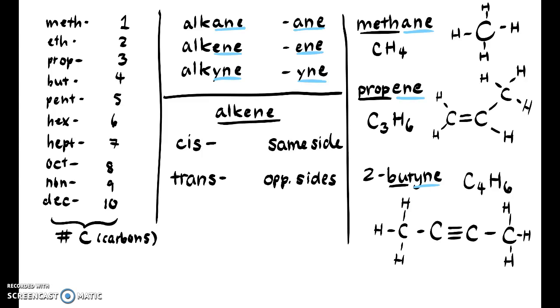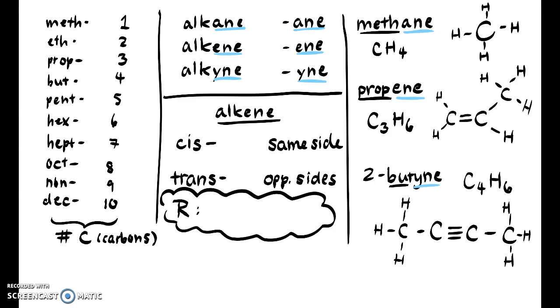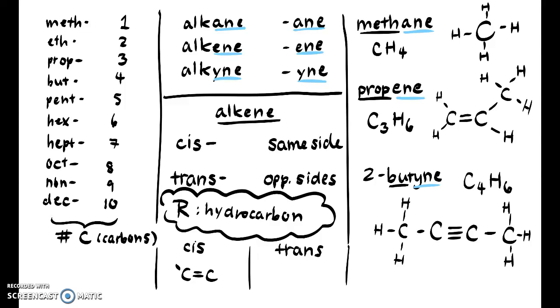So it might be easier if we write R, which in this case is just any hydrocarbon or any succession of carbons, basically. So if we have an example of cis, so this is cis, and this is trans, we have our double bond here, and we have R's, and these are H's.